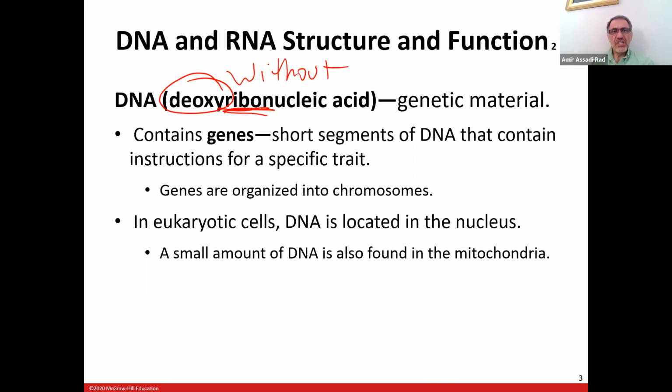Anyhow, I already gave you this definition of a gene from the beginning of the semester until now. It's just a piece of DNA, which is part of a chromosome. Imagine my arm is a chromosome. My arm is made up of many of these ladder things. So this would be a gene, a segment of traits. Genes are organized into chromosomes wrapped around the protein molecule called histone.